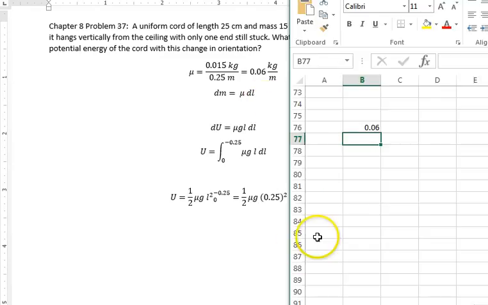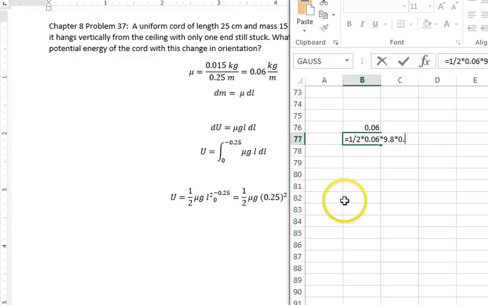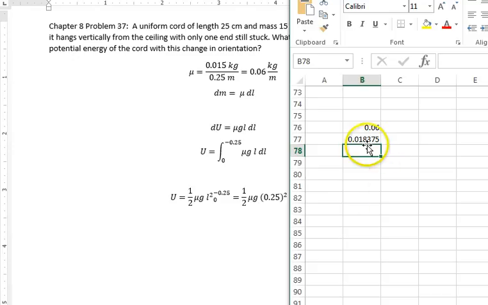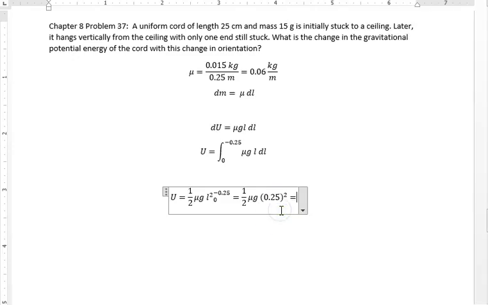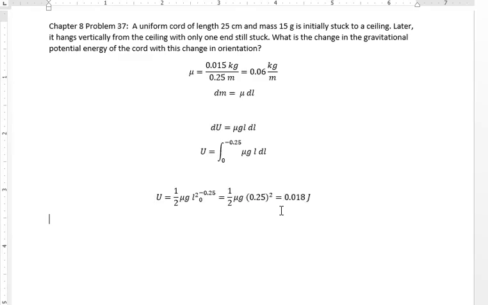Okay, put in all the numbers, equals 1/2 times 0.06 times 9.8 times 0.25 squared is 0.018 joules. And that would be our average potential energy.